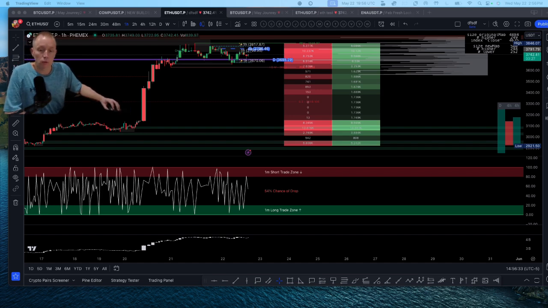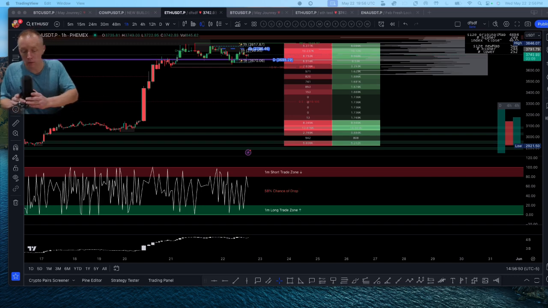We can see here, looking at the Bitcoin funding rate right now, it's actually negative. That means that shorts are actually paying longs right now. So if you're in a long position and funding is negative, that's the way it works.